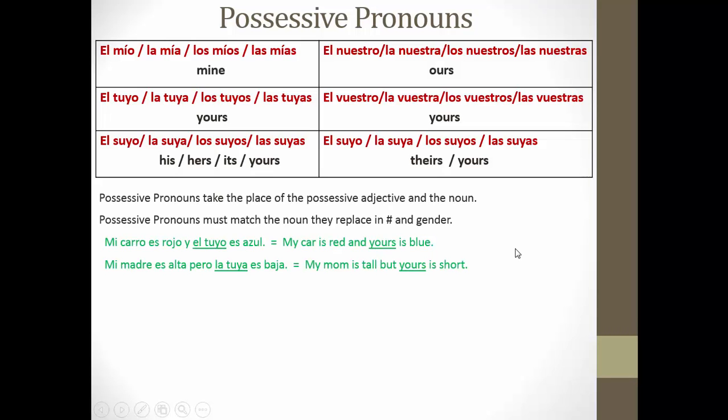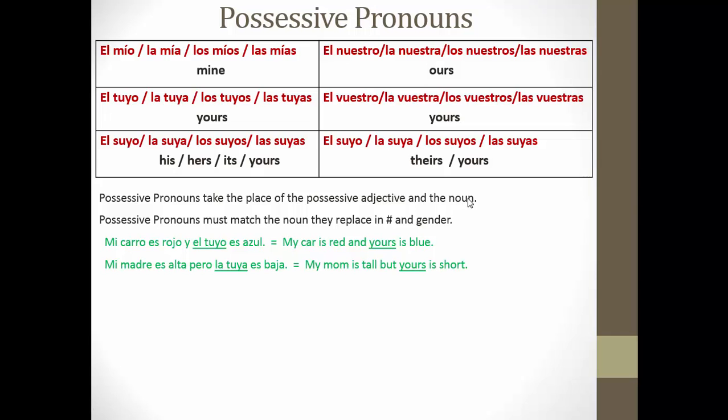Okay, so let's talk for a minute. What is a possessive pronoun? Think about that definition. A pronoun replaces the noun. So look at the first line here. A possessive pronoun replaces or takes the place of the possessive adjective and the noun.